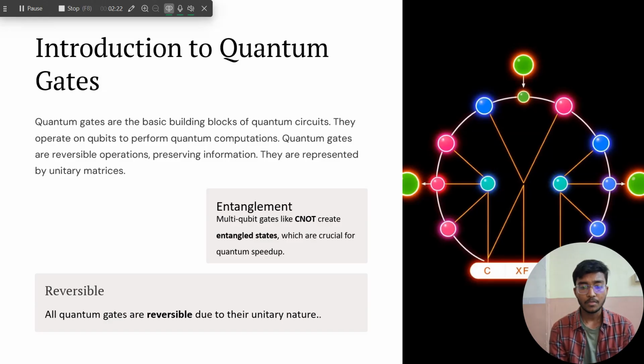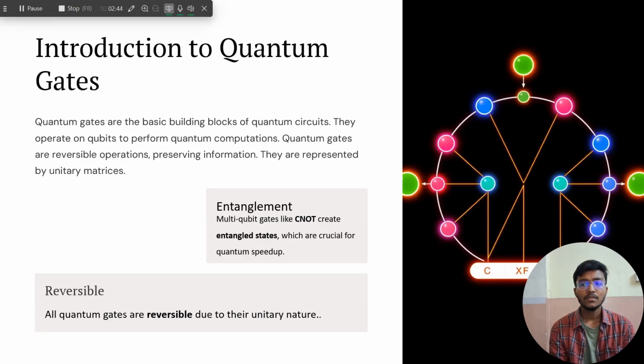There are some aspects that are the most important in understanding quantum gates. First, we will see entanglement. Multiple-qubit gates like the CNOT gate entangle states, which is crucial for quantum speedup. They speed up the quantum circuits.